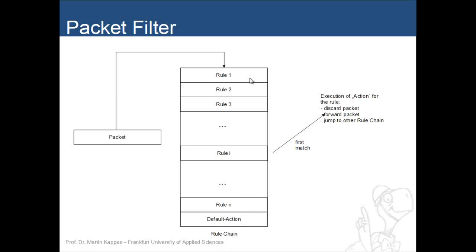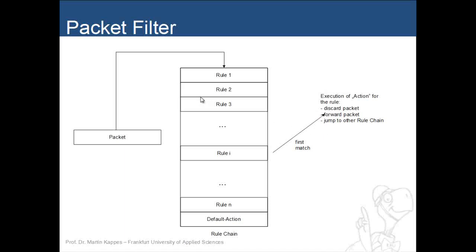What could a potential action or default action be? Well, it could, for instance, say, please discard the packet, do not let it traverse further. It could be the decision that the packet is to be forwarded, for instance, in a router, or further processed within the own machine. And it could also be the jump into another rule chain.